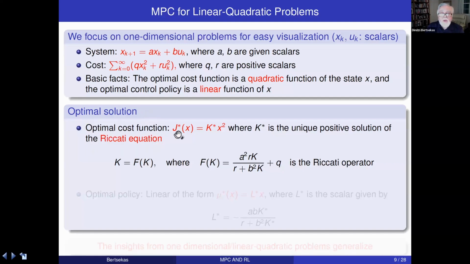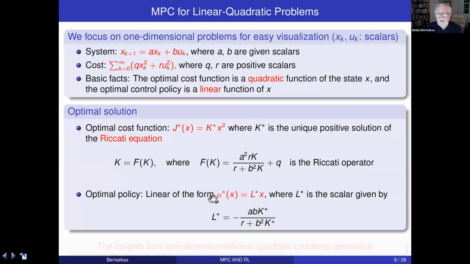The optimal cost function, J star of x, the optimal cost that you can obtain starting from state x, is quadratic, with the coefficient K star being the unique positive solution of the Riccati equation, which is a fixed point equation involving the Riccati operator that I've written here for one-dimensional problems. The optimal policy is linear of this form, where L star, the scalar L star, is given by this expression in terms of K star.